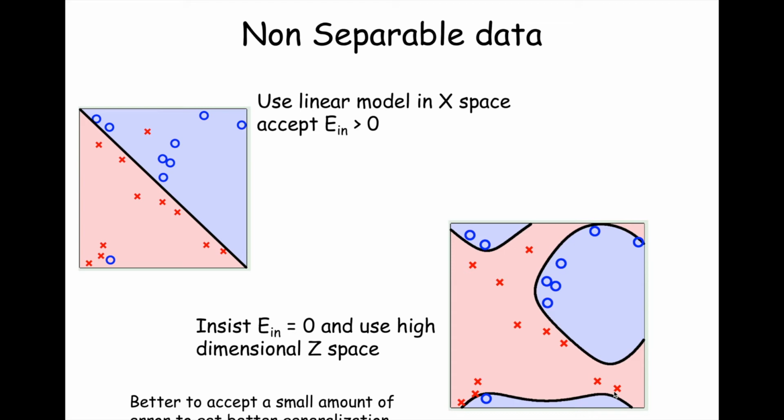Because as you can see here, if you pursued a highly nonlinear phi function, absolutely you could get E_in to be 0 in some high dimensional space, but the problem is you're going to get bad generalization, right? Because you can't get around the VC bound, even when you do it nonlinearly in a more complex feature space, because how you pay for that is with this W tilde, this increased number of parameters.